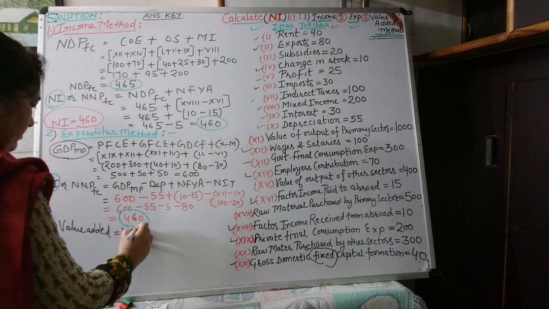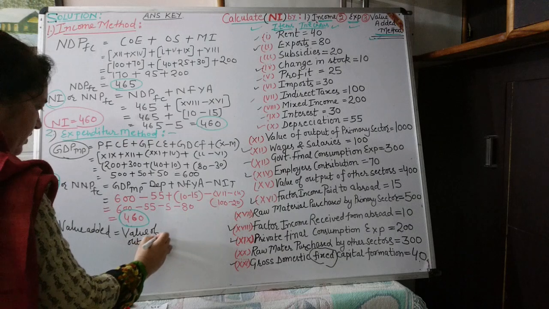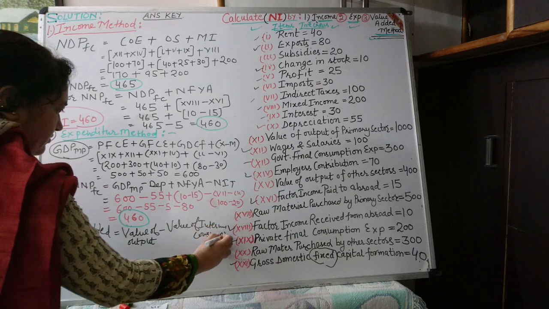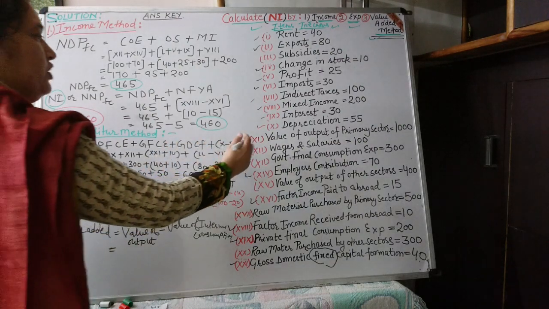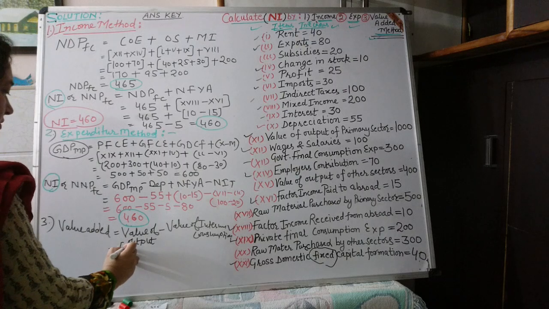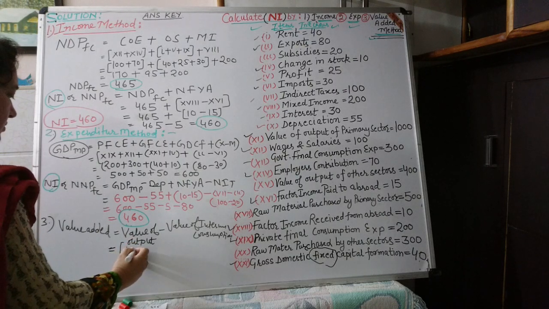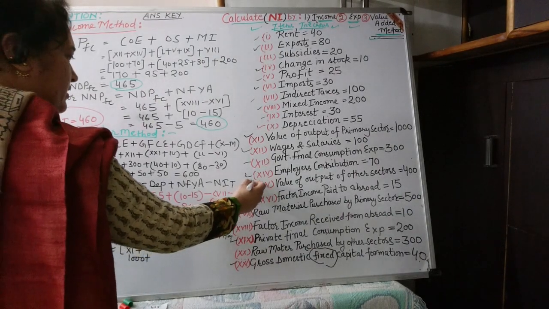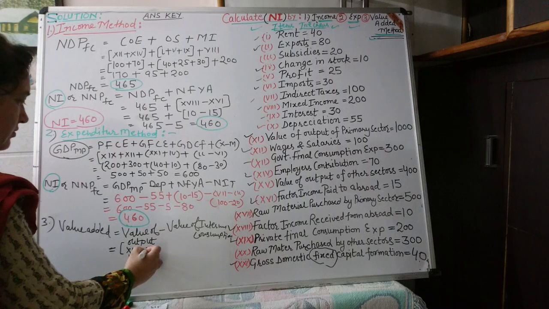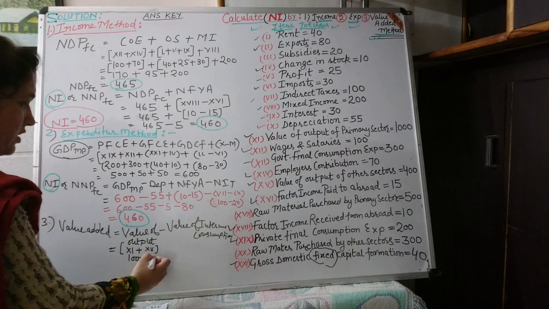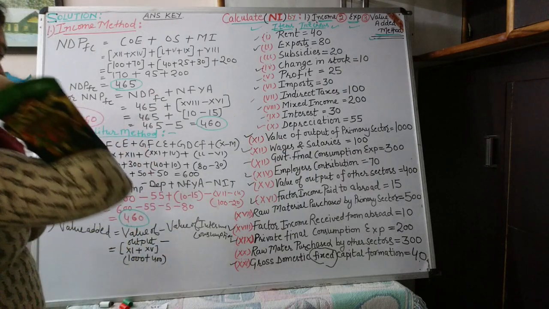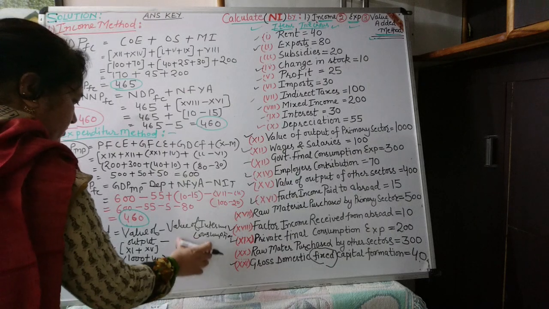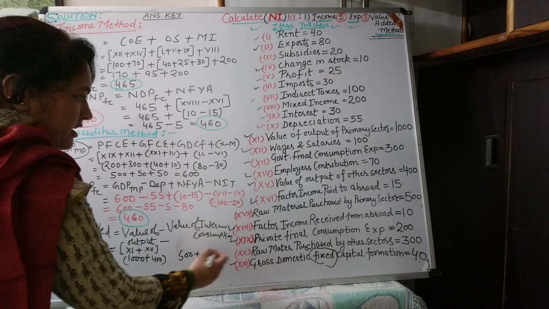Value added is equal to value of output minus value of intermediate consumption, is equal to value of output by primary sector, item number 11, which is 1000, plus value of output by other sectors, item number 15, which is 400, minus value of intermediate consumption: raw material purchased by primary sector 500 plus raw material purchased by other sector 300.